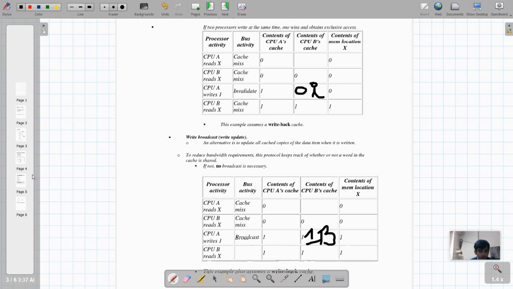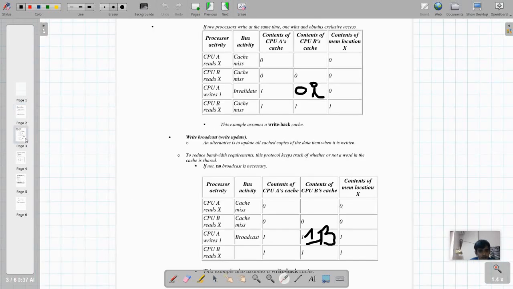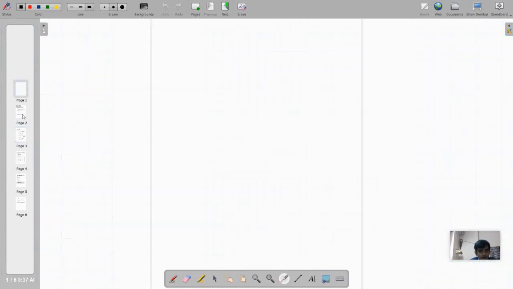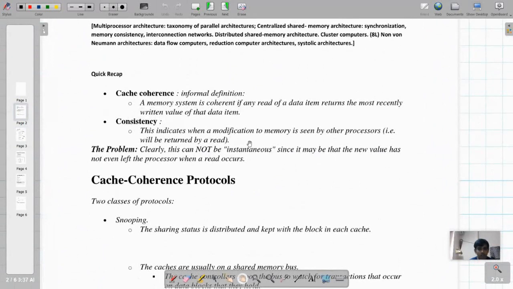If you follow the definition of inconsistency, where is it? Just bring it down. Yes, here it is.